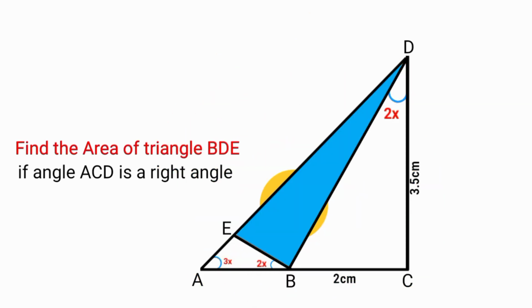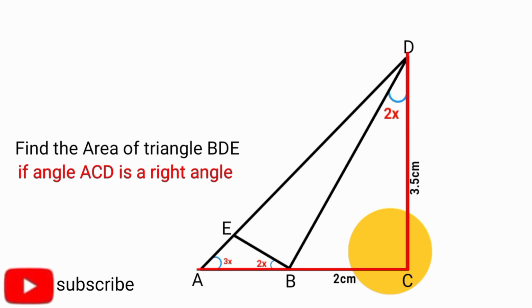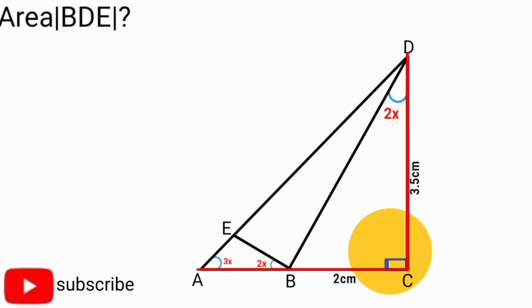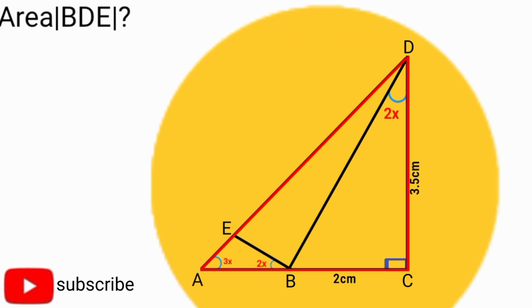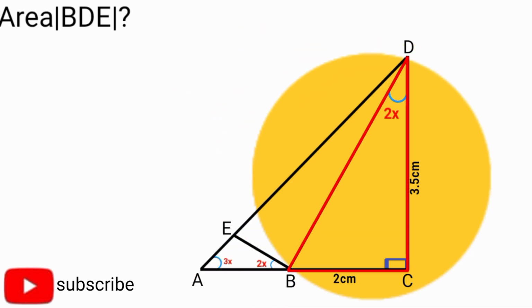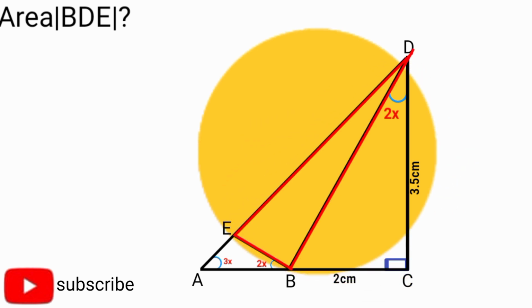Find the area of this triangle BDE if this angle ACD is a right angle. So from this, triangle ACD is a right angle triangle, and also triangle BCD here, but we are asked to find the area of this triangle BDE. So how can you find the area?